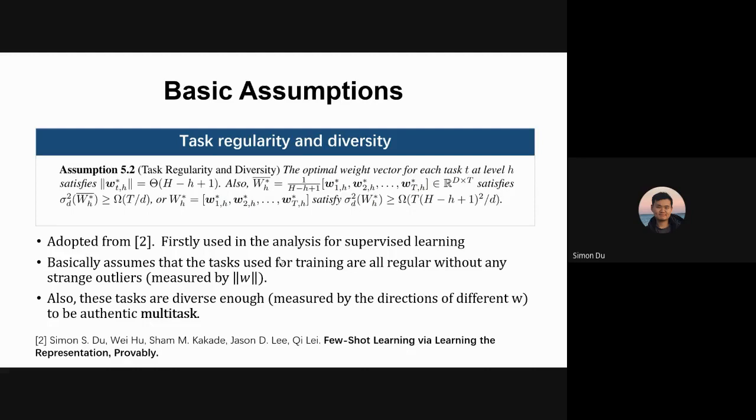Here, this diversity assumption does not really need IID, but it's more like a deterministic condition over the source tasks. So these two assumptions do not imply each other, and the final rate will be different.